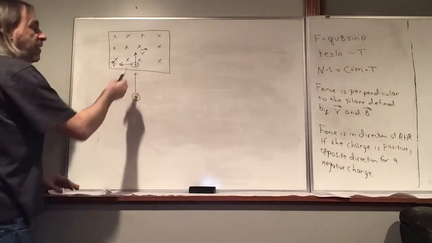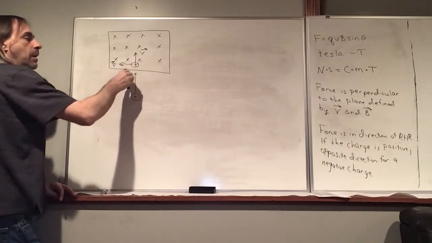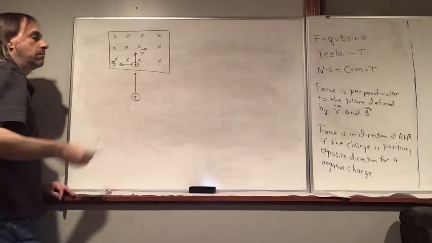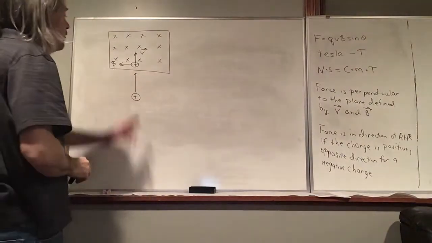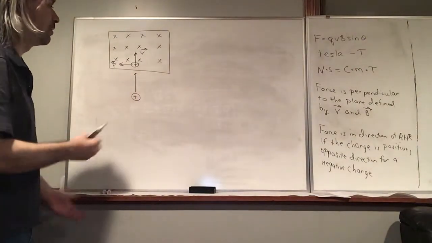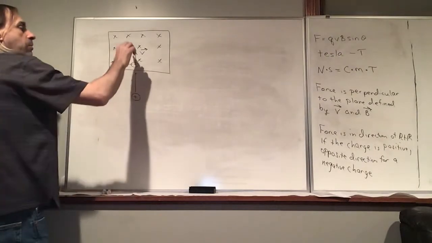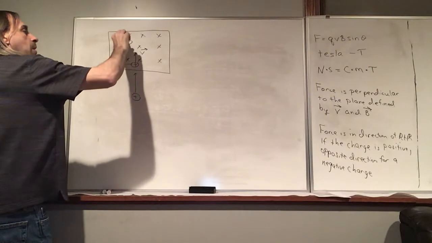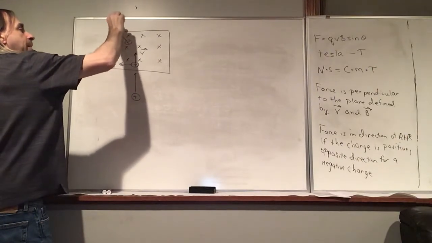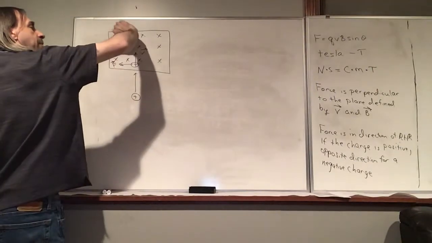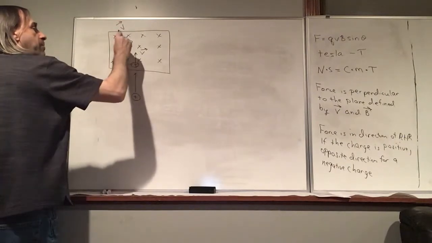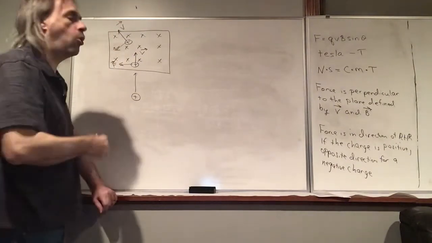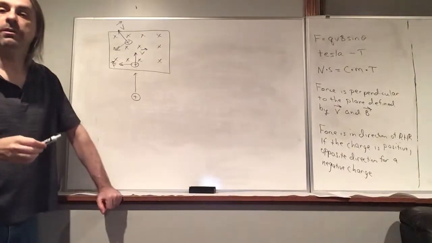Now, if this field is strong, it'll affect the motion of this charged particle in a noticeable way. And so if we look at a different point, if the particle's over here, its velocity might be in that direction now. But again, curl your fingers from V in the direction of B. The velocity and the force are always perpendicular to each other.